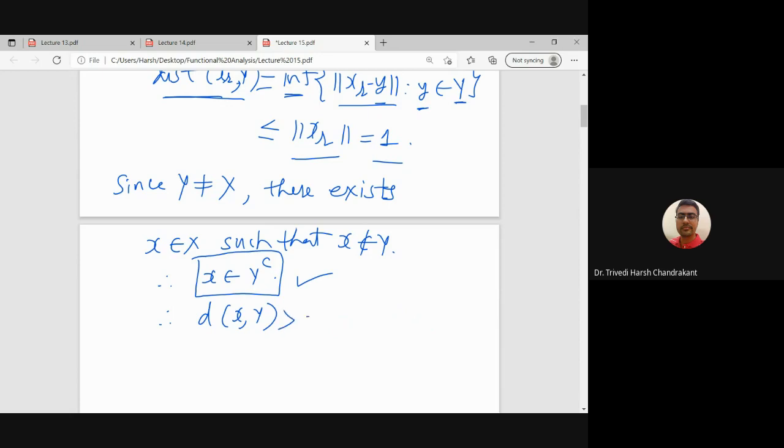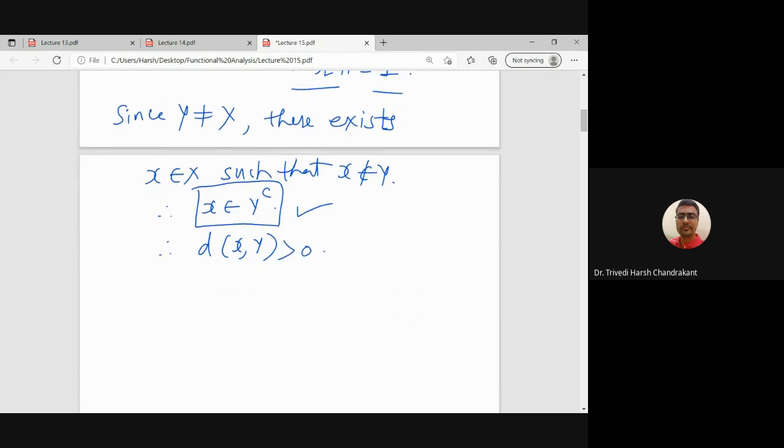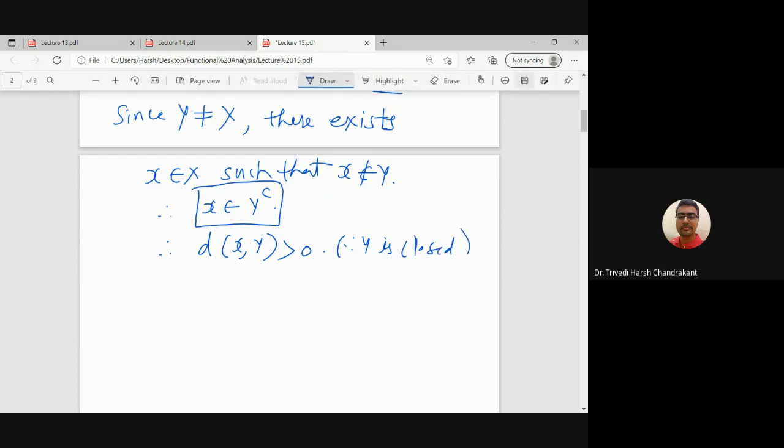So that means distance is strictly greater than 0. Okay. So here we are using that Y is a closed subspace. So now we have a distance of x with a closed set strictly greater than 0.